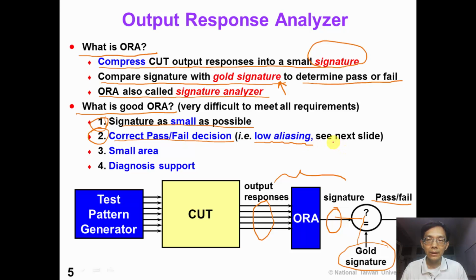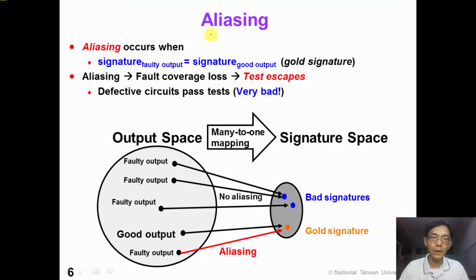We will explain this idea in the next slide. Third, a good ORA must be very small in area, so the overhead will not be too much. Finally, when the CUT fails the test, the ORA can support diagnosis. Sometimes it's very difficult to meet all these requirements, so the design of an ORA is a challenging job.